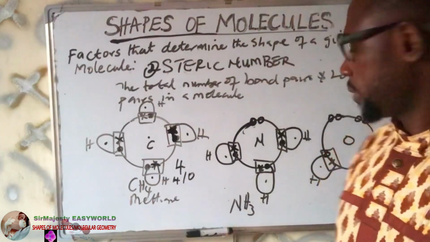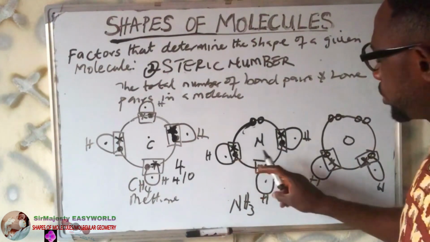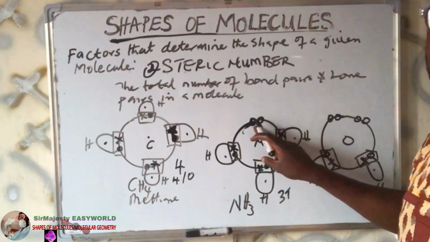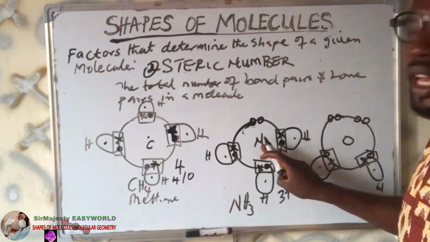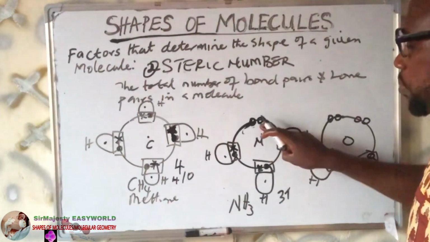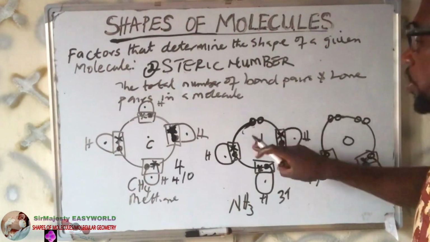0 lone pairs. Then when you come here, how many bond pairs do we have? 1, 2, 3. We have 3 bond pairs with 1 lone pair. This lone pair is the one that is not contributed. It belongs solely to the nitrogen. So this nitrogen automatically has this pair here, and it's called a lone pair. It wasn't contributed by 2 atoms.